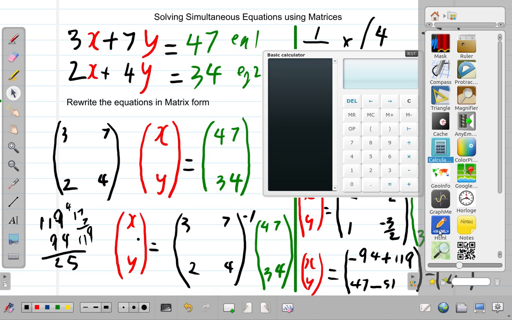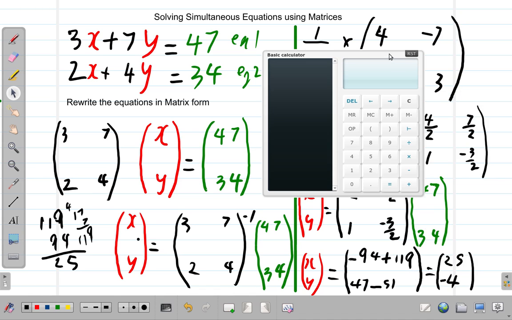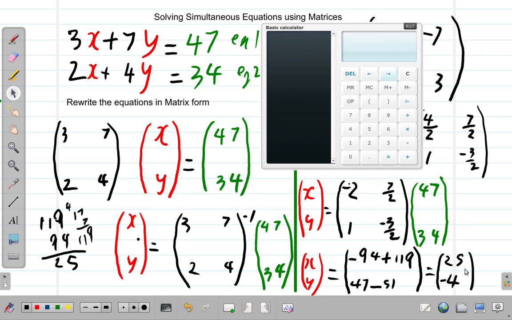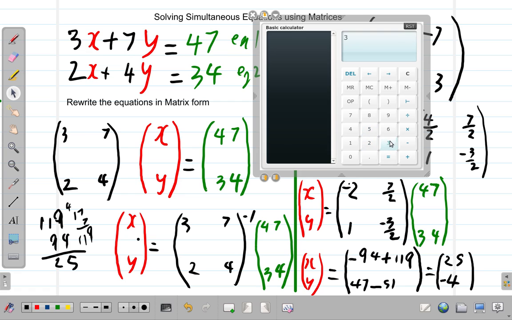So let's do our little test here. If this is so, then x is 25 and we say 3 multiplied by 25, and if this is the case, y is negative 4. So we say plus 7 by negative 4, so we minus 7 by 4, equal, and we get 47. Equation 1 works out so far.